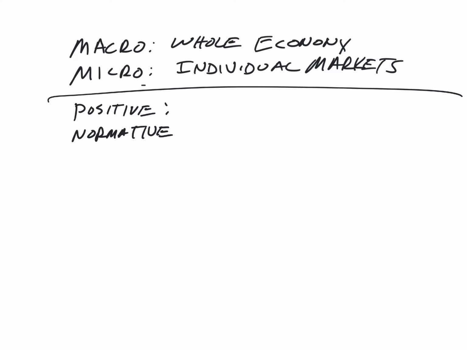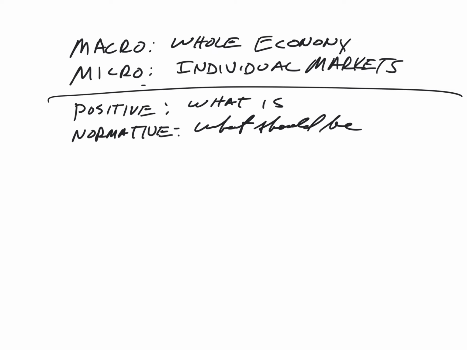Positive economics makes a claim about what is, how the world actually works. Okay, so I'm going to just put what is. Normative economics talks more about how things should be. Okay, what should be. Let's see if I dare write. Let me see if anybody can read that.